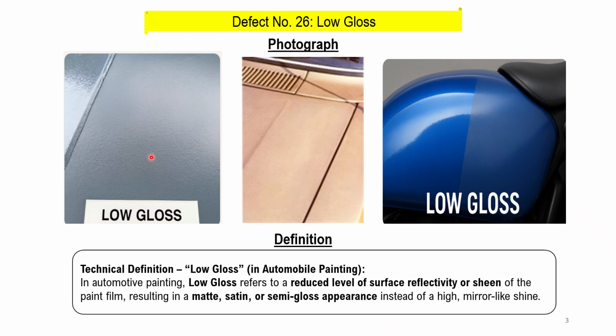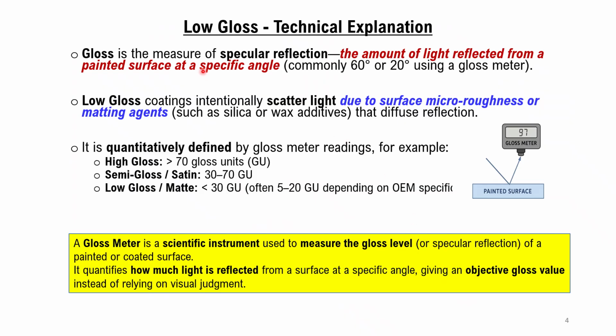As you can see in these three photographs, low gloss refers to a reduced level of surface reflectivity or sheen of the paint film, resulting in a matte, satin, or semi-gloss appearance instead of high mirror-like shine. What is gloss?